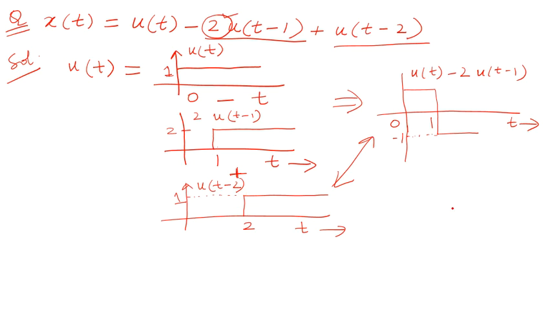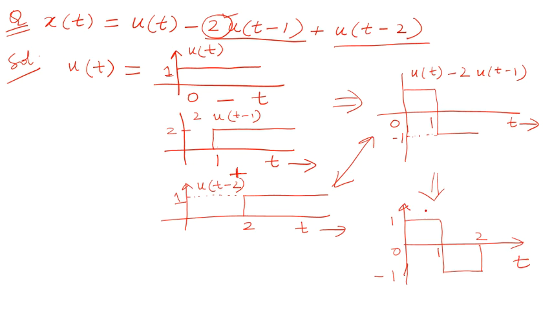So the resultant signal should be something like this. This is amplitude 1, this is amplitude minus 1, this is 0, this is 1, this is 2.